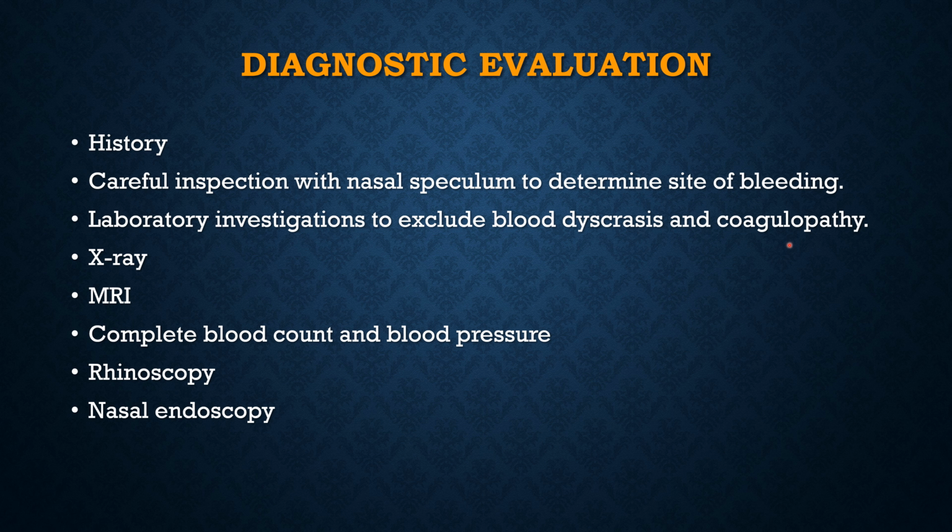Coagulopathy, the person is having low platelets. Dyscrasias mainly means some abnormal part of your body, the part which has to be in its normal place is not like that, it has become abnormal. Through X-ray, magnetic resonance imaging, complete blood count and blood pressure, of course, we have to see rhinoscopy, nasal endoscopy. So these are the diagnostic evaluations through which we will assess epistaxis.